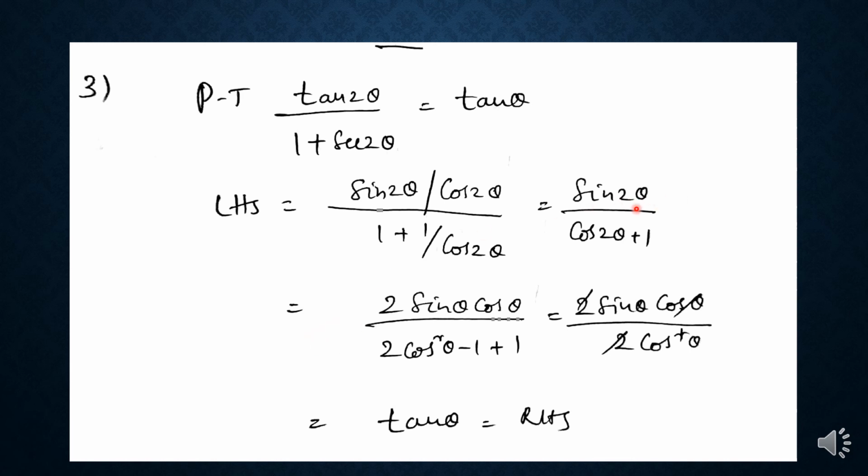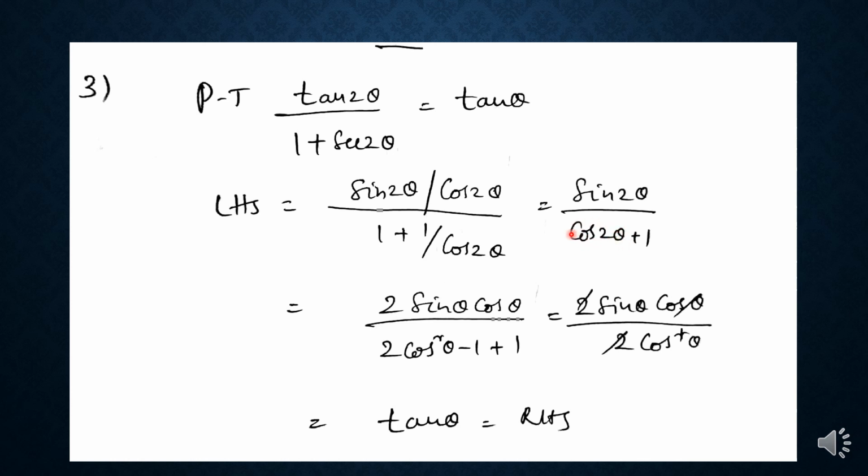So what is sin 2 theta? 2 sin theta into cos theta. Here which formula should we apply for cos 2 theta? We have to prove that this is equal to tan theta. Tan theta means sin theta by cos theta. So in the denominator we need cos theta terms. That's why we write the cos 2 theta formula in terms of cos theta.